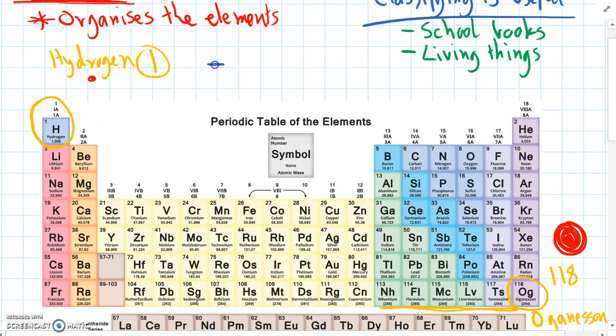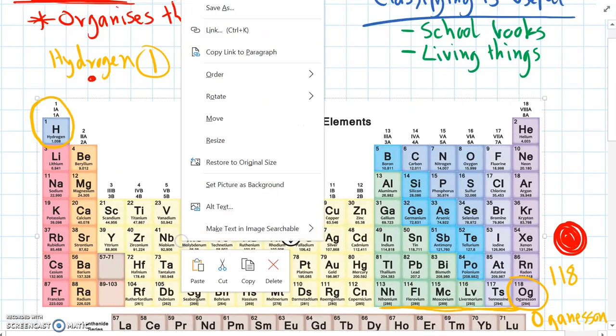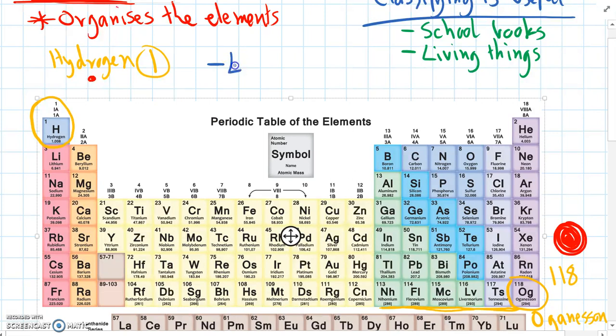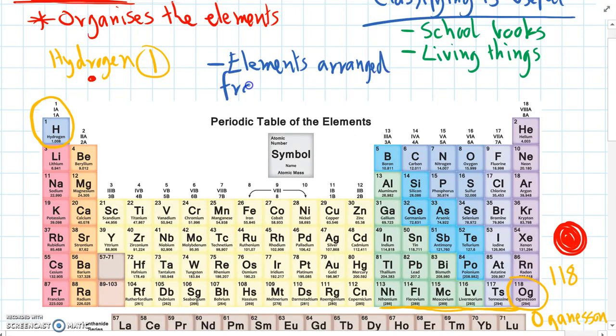So elements are arranged from the smallest to the largest.